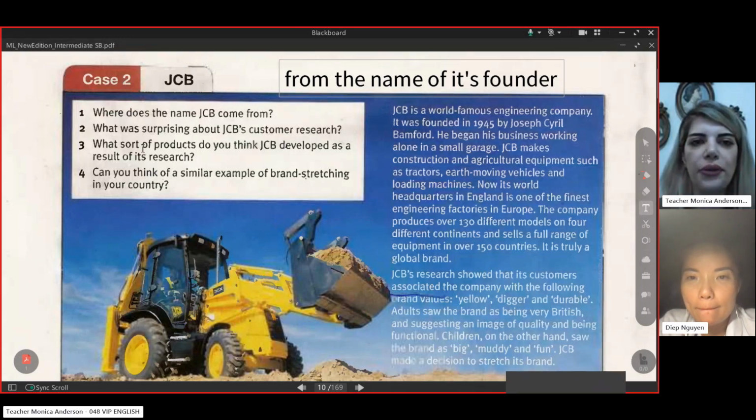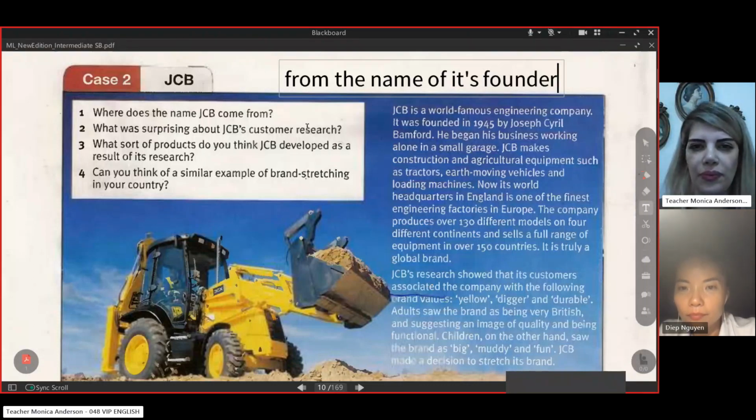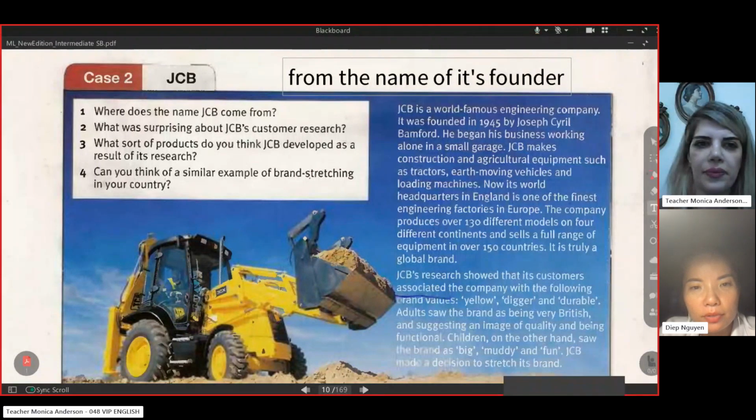Okay. Number two. What was surprising about JCB's customer research?